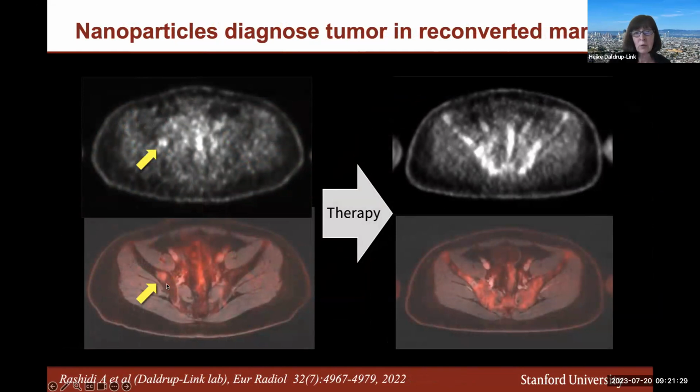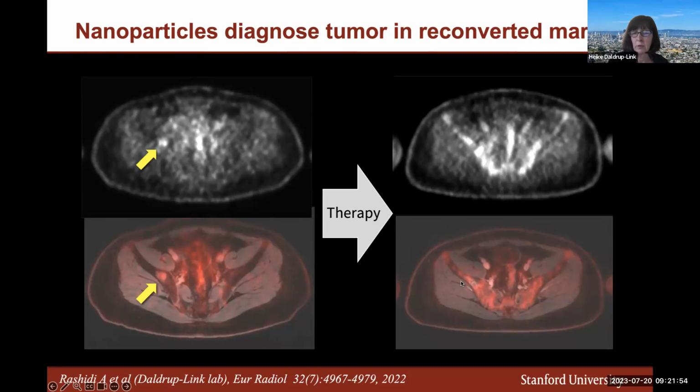This was another patient with a soft tissue sarcoma and a focal lesion in the right iliac wing here. You see the original PET, and this is the fused FDG PET T1 LAVA scan. This patient underwent chemotherapy, and after the chemotherapy, you see that there's a highly metabolically active bone marrow.